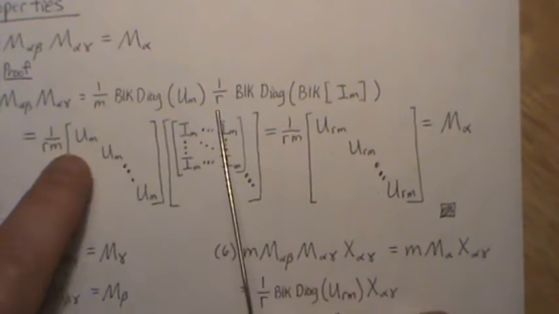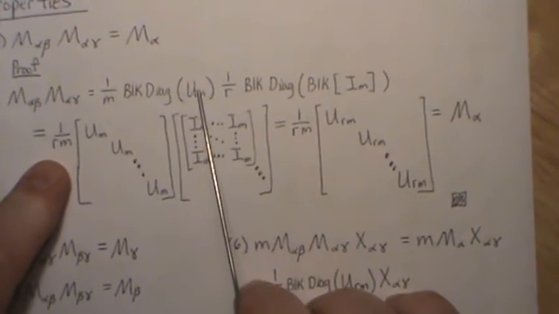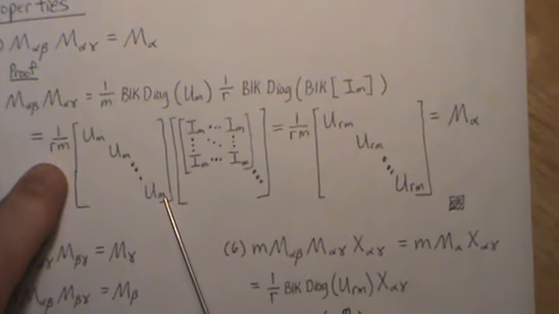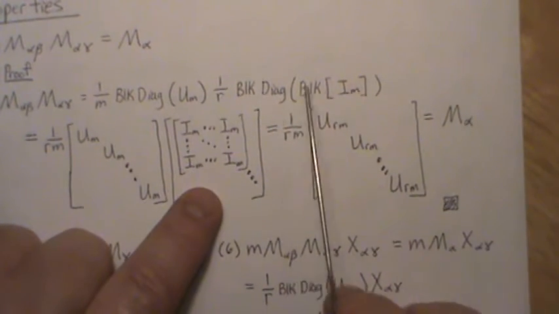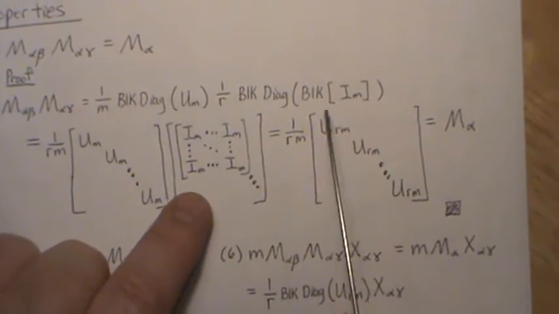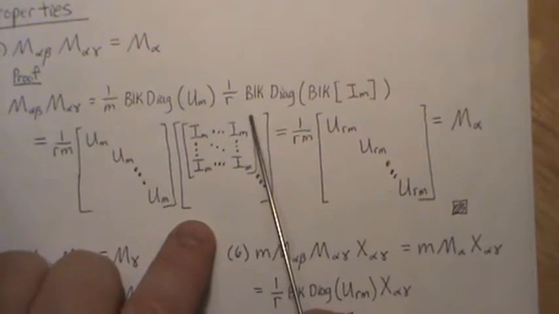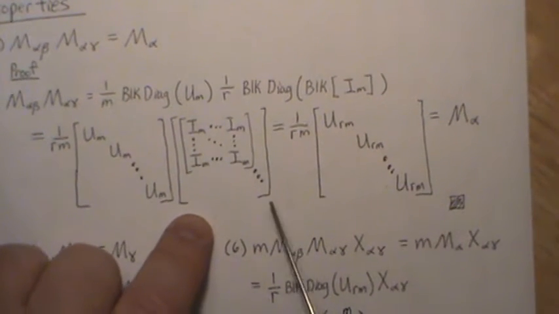So this one, I take the M and the R and put it out front. And this is block diagonal of this, so it goes down the side. Now this is block diagonal of this, so each diagonal is this matrix, right? It's block IM. And then it's block diagonal with this going down the diagonal.